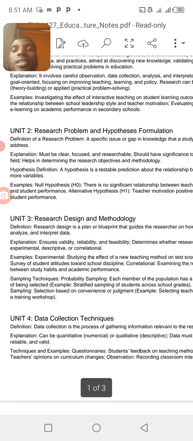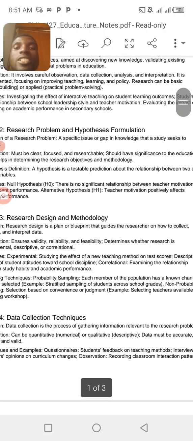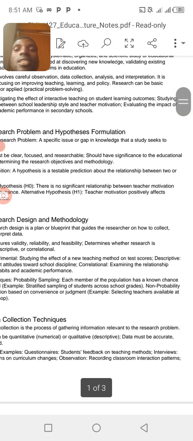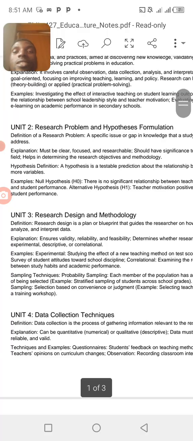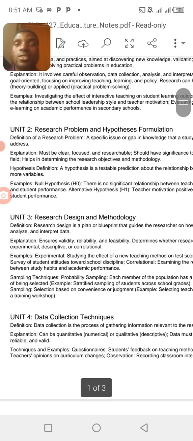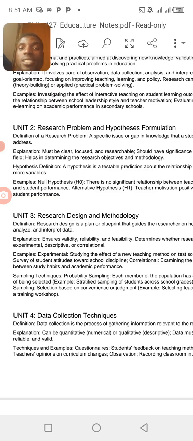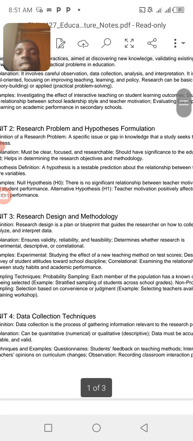For example, let's say you investigate the effect of interactive teaching on student learning outcome. Now you can actually use that as your research topic.